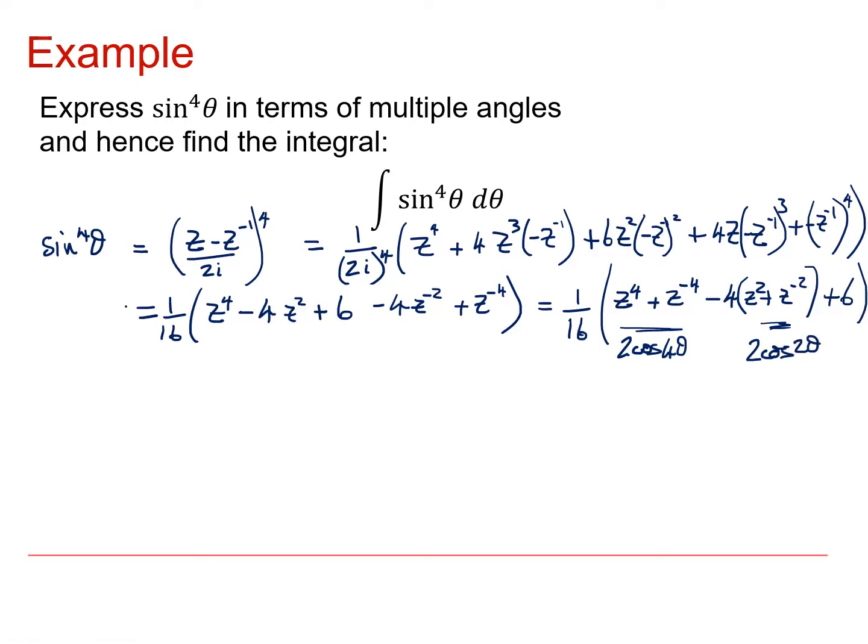So sine to the power 4 becomes 1 over 16 times 2 cos 4 theta minus 8 cos 2 theta plus 6.